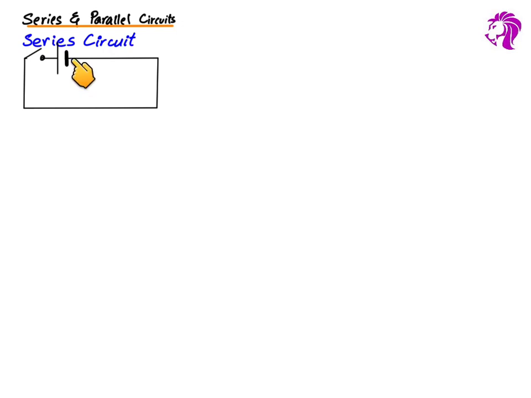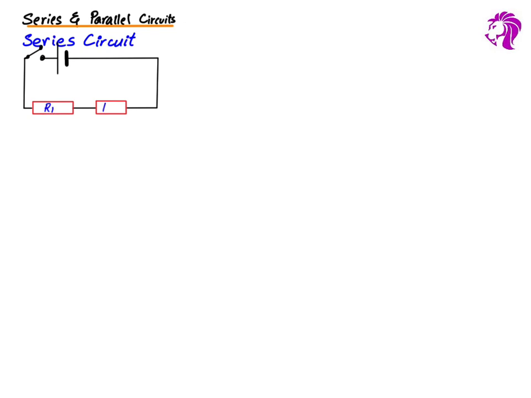Now what's next is series and parallel circuits. When we talk about series and parallel circuits, the first thing that we are going to consider is series circuits. This is a basic diagram to represent a series circuit. You have a power source, you have a switch, and then of course you have load, this one and this one.